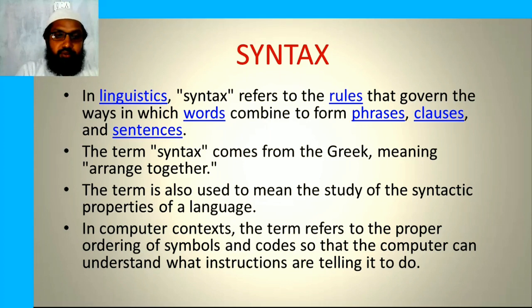The term is also used to mean the study of the syntactic properties of a language. In computer contexts, the term refers to the proper ordering of symbols and codes so that the computer can understand what instructions are telling it to do. So syntax means it's a combination of words. That combination of words should give meaning.